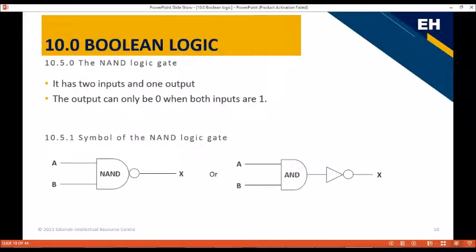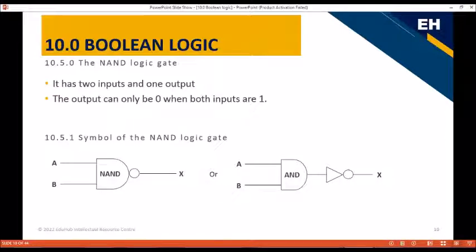The fourth logic gate we shall be learning is a negative logic gate of AND, and it is called the NAND gate, which simply stands for not AND gate. Here are the characteristics for the not AND gate. It has 2 inputs and 1 output.